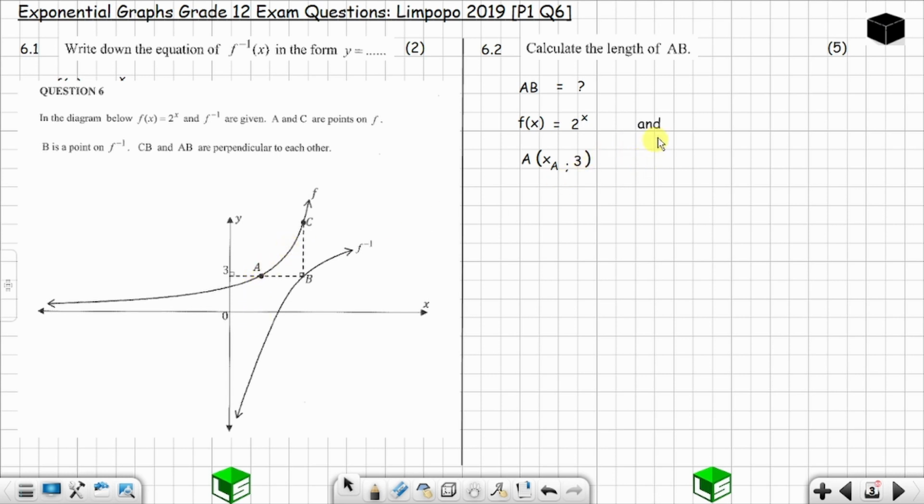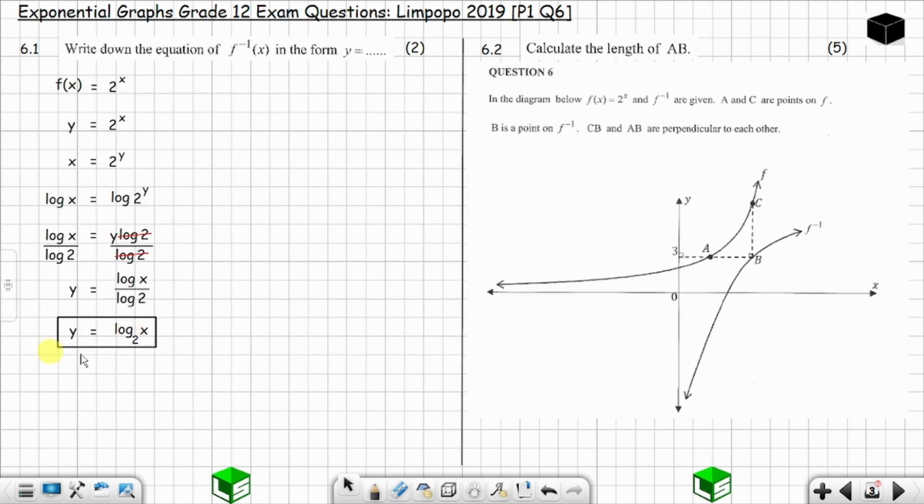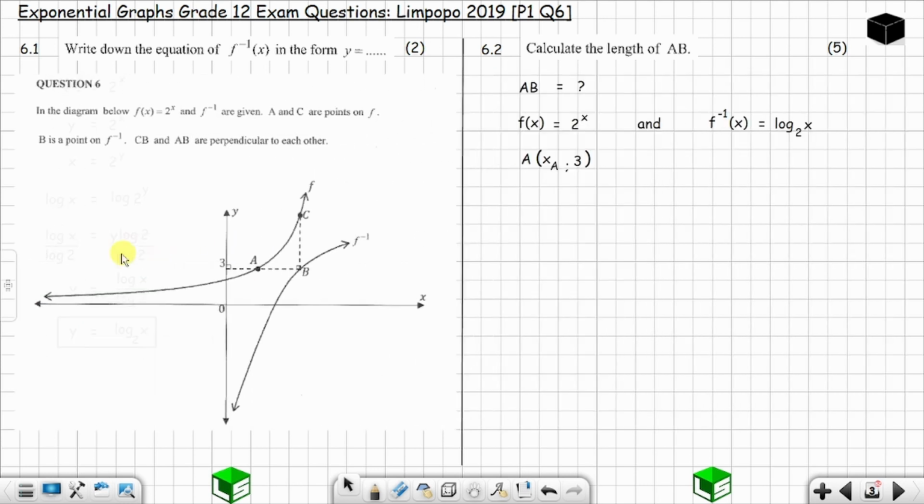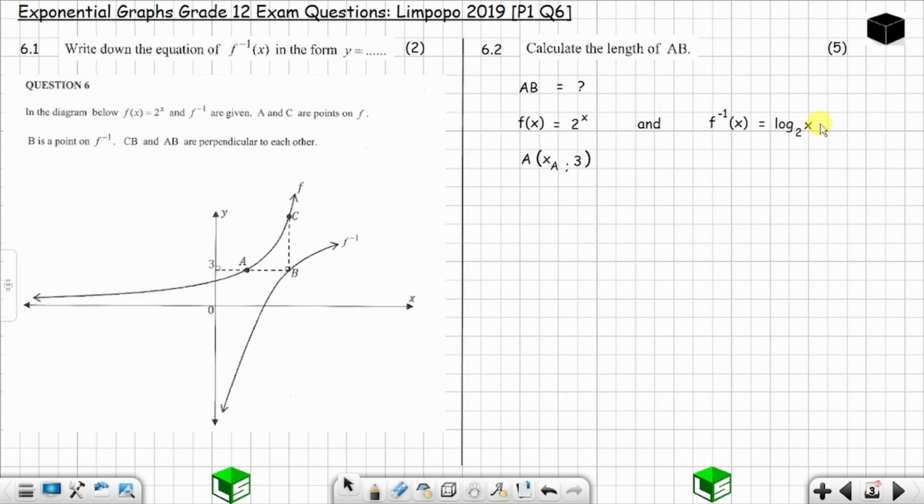And you're also given this graph. On this graph, you have the point B. So the inverse of f of x is equal to this. Remember from the previous question, we got the inverse of f in the form y is equal to log of x to base 2. This is the inverse of f of x. And for the coordinates of point B, you don't know the x coordinate, but you know the y coordinate.